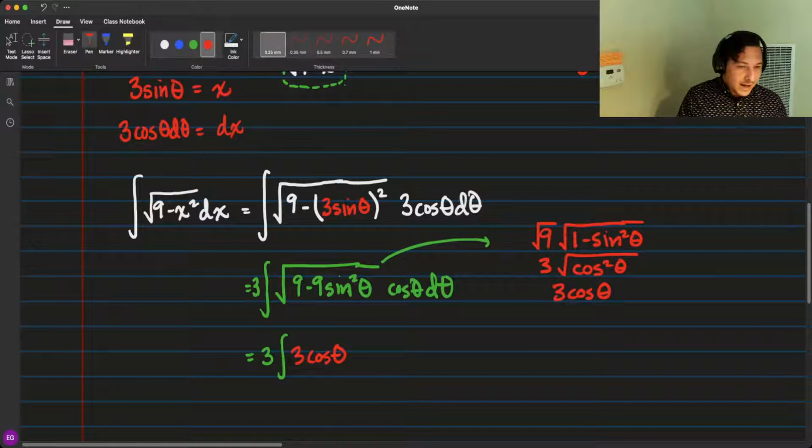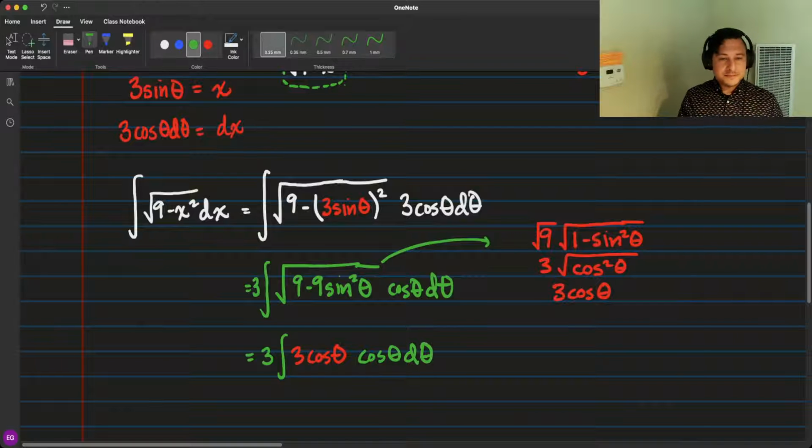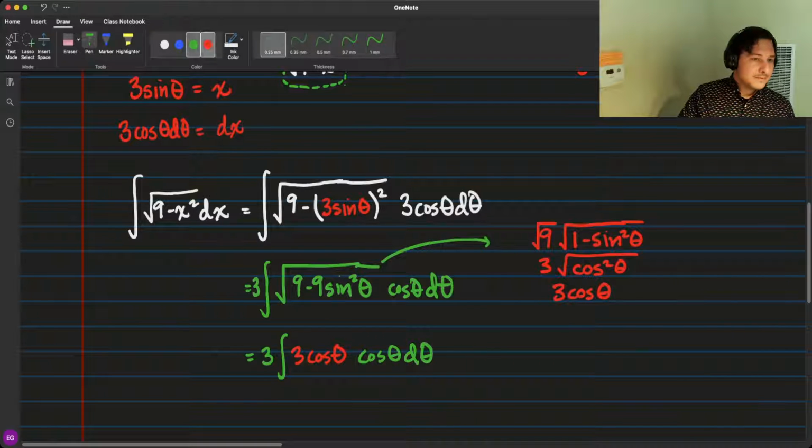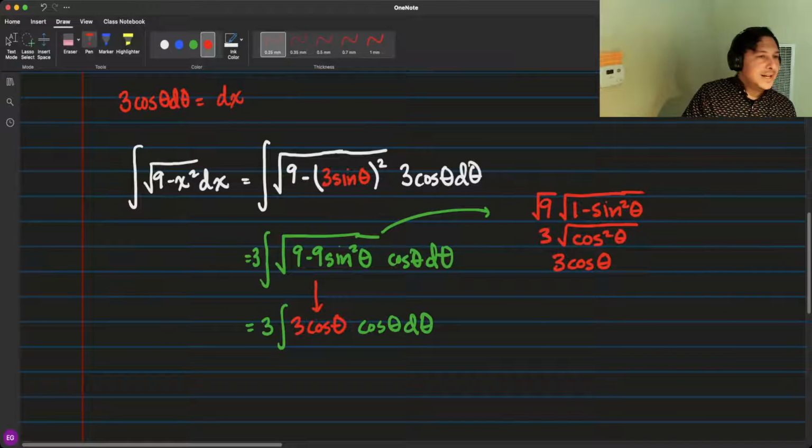Okay, so you have that replacement there, and then you're left with the cosine theta from this, d theta. Which means, what are you ending up with?